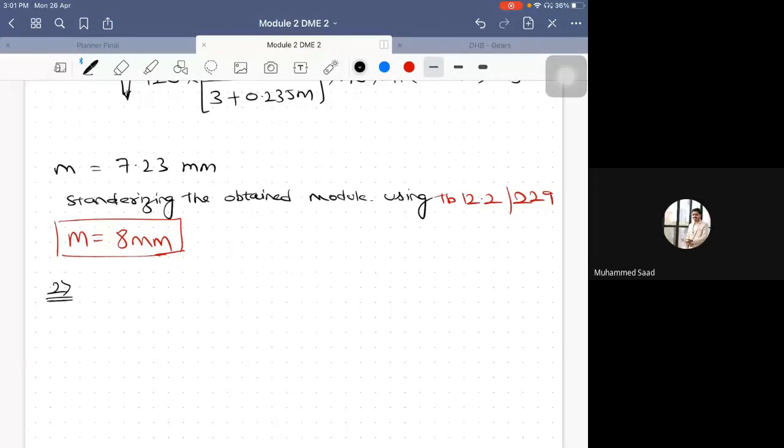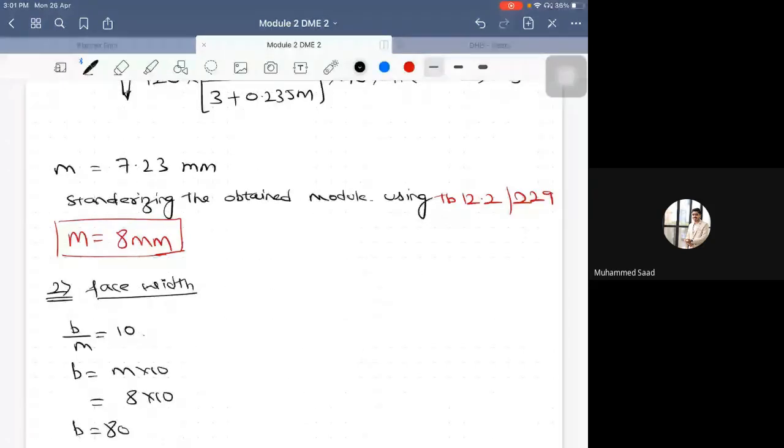So face width, he has given in the data, the face width to module ratio, so module is 8 in the sense face width is m times 10. So it is 8 times 10. So it is how much? 80. Correct?